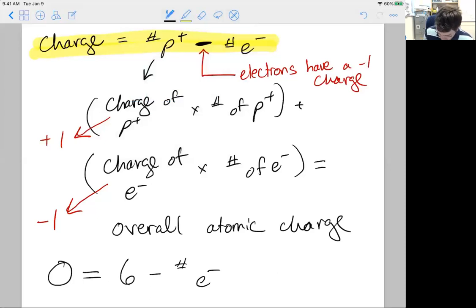The number of electrons, then, from 6 to get 0, tells us that our number of electrons is equal to 6, right? If you subtract both sides by 6, divide by -1, you get an answer of 6.